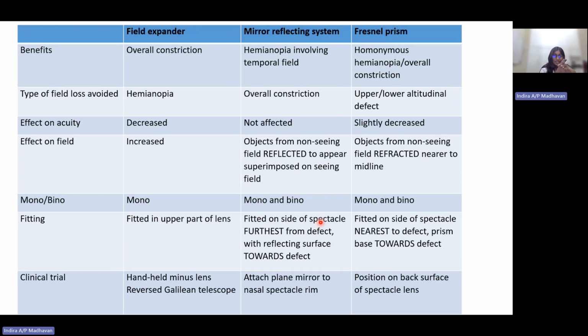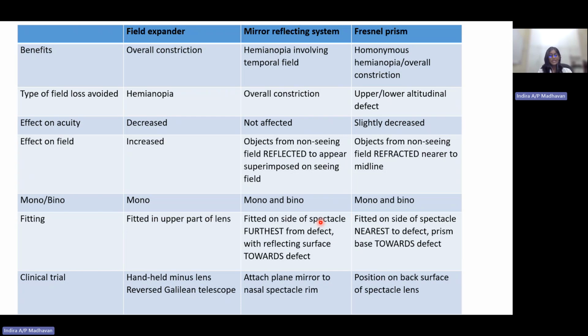The defect we are discussing now is the temporal one, so we have to fit the mirror on the nasal part. But it should be facing the defect area so that the image is reflected from the defect area. Okay, so that will be another management of peripheral visual field defect.